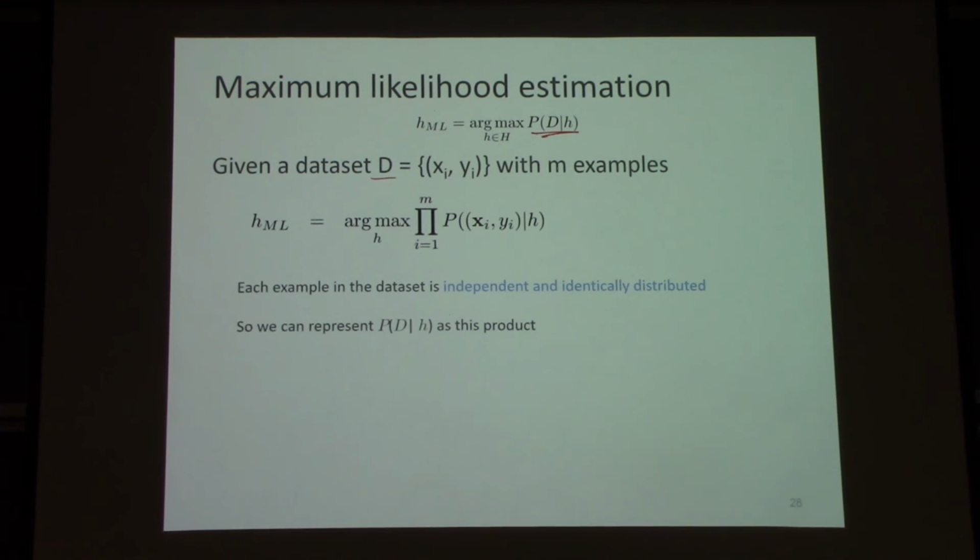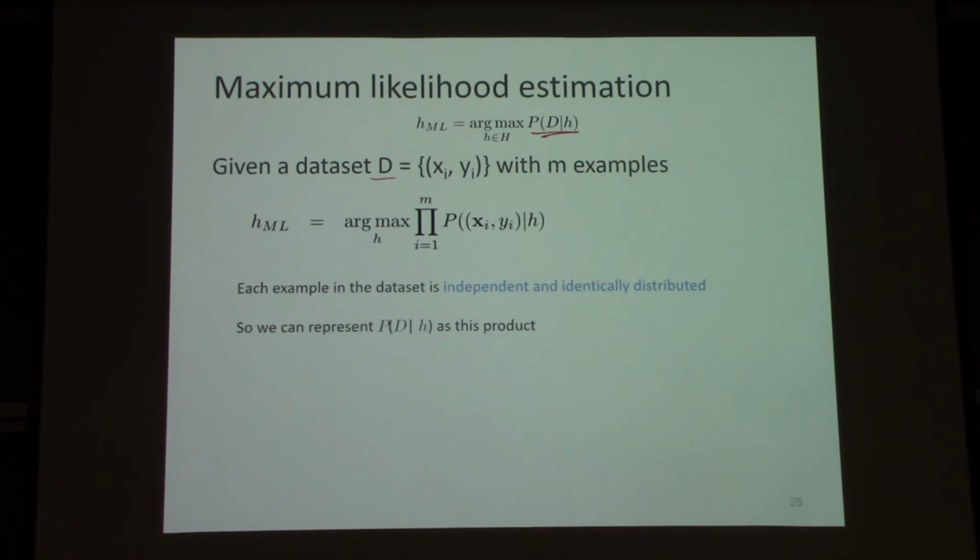And we assume, as we have always done through the semester, that each example is independent of all the others and identically distributed. So all examples are generated IID, which means the probability of generating that entire data set given the hypothesis is simply the product of the probabilities of generating each example.